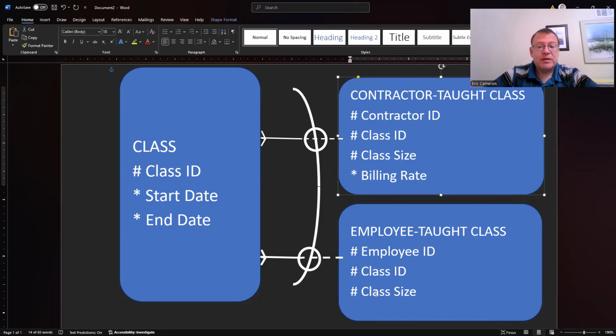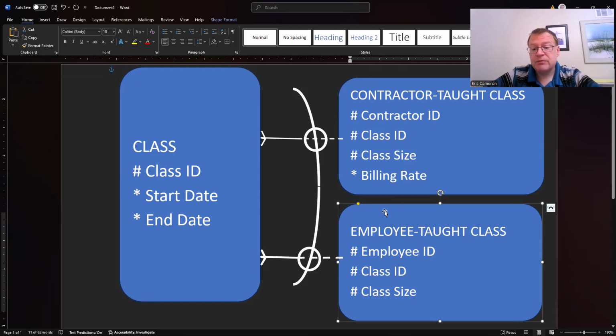By having these things in separate tables, you can apply separate rules. For example, a class size of 15 for the contractor taught class table, and a class size of 20 maximum for the employee taught class. But you can see both of these are going to be related to a class table.